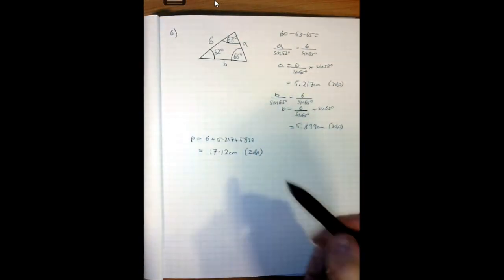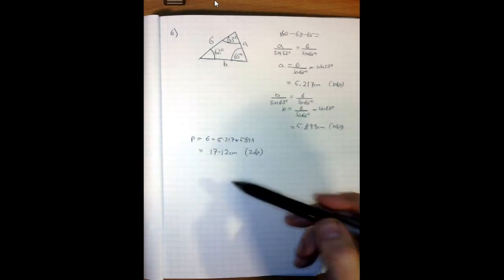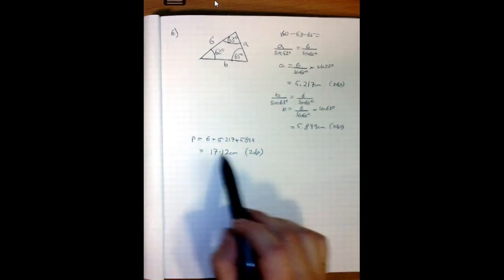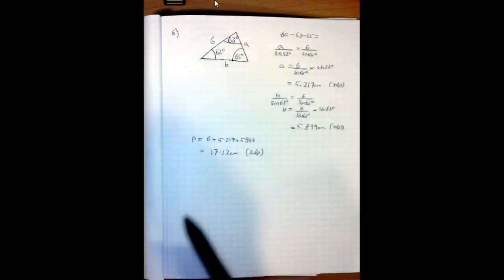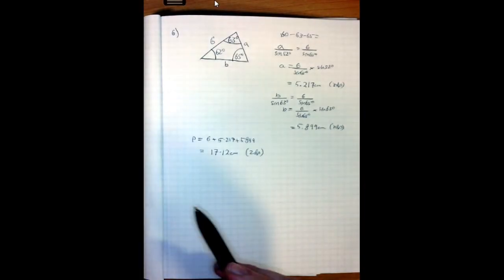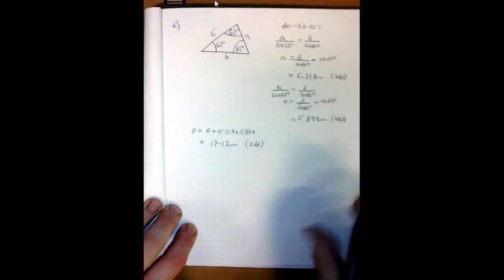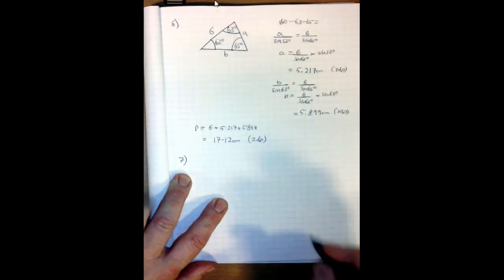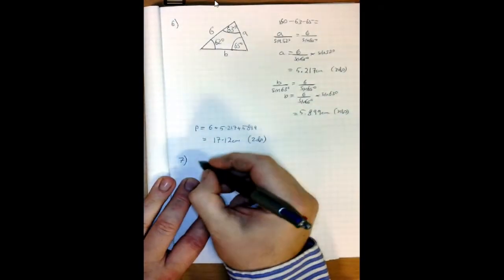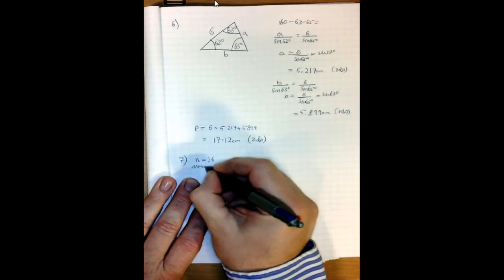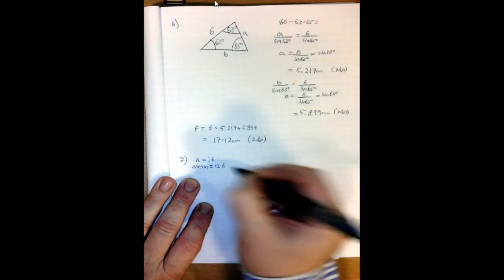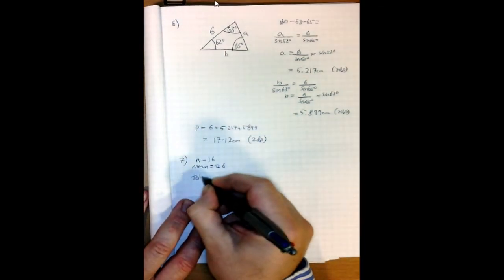Okay, question 7. Class A. If I know how many people there are and I know the mean, then I know the total. Class B. I know how many people there are and I know the mean, which means I know the total.